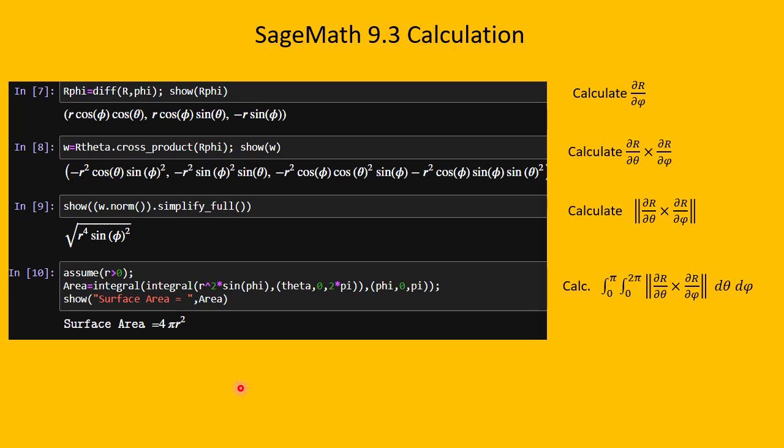You probably were just given the formula and the teacher said, just use it, plug in numbers to solve these problems. But now we see that we can actually derive the formula for the surface area of a sphere. And similarly, by using triple integrals, we could derive the formula for the volume of a sphere.